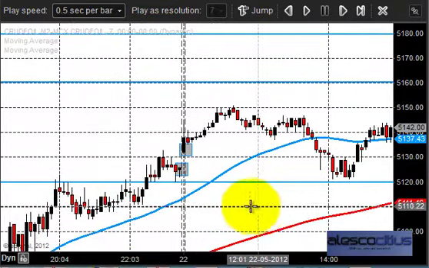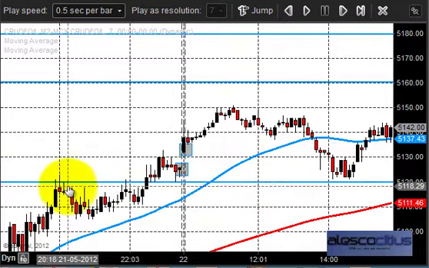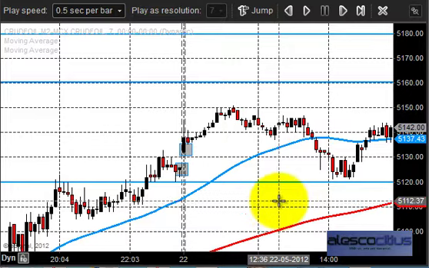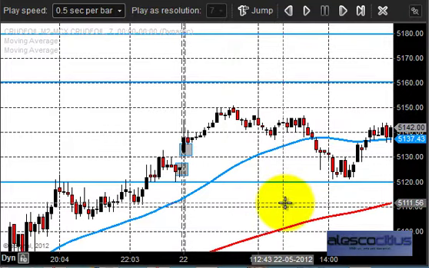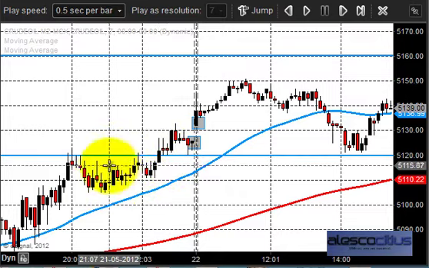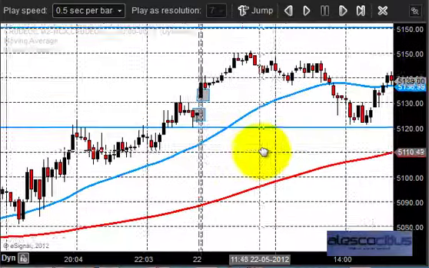Now you can see why we mark all these support and resistance zones consistently every day, in order to provide some price direction for the future. Since 5120 provided resistance on the previous day, now it is acting as a support.